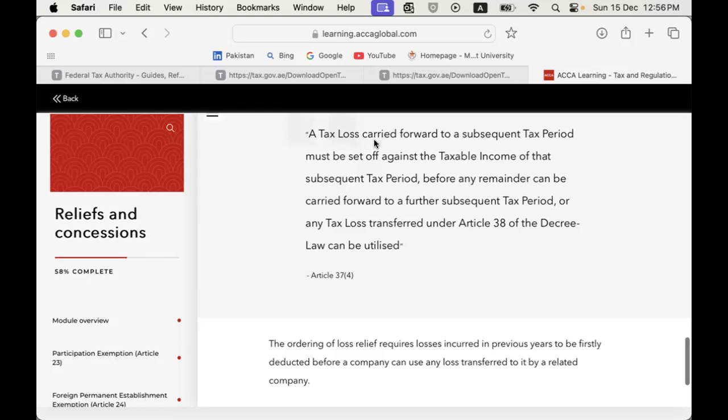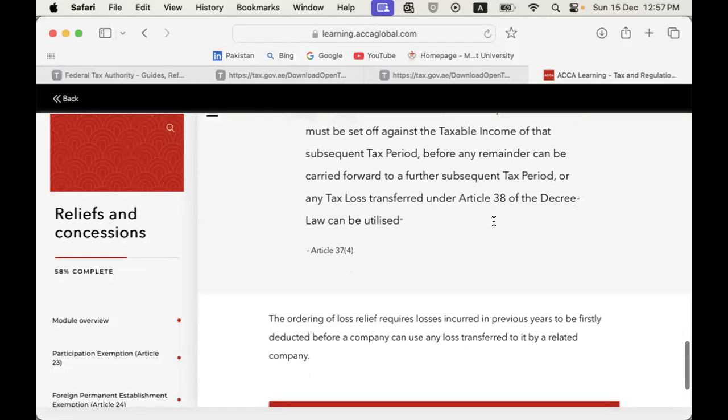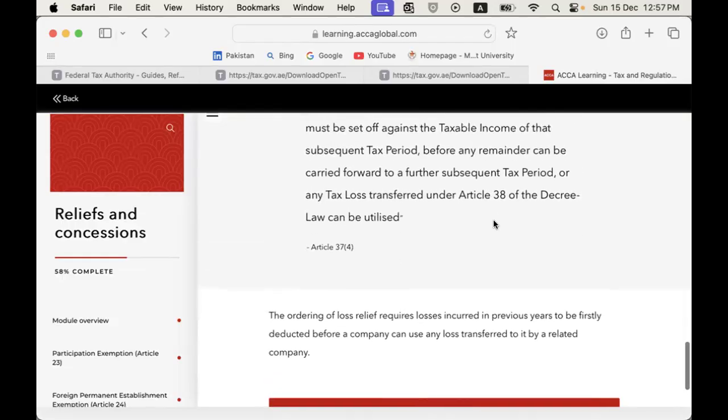A tax loss carried forward to a subsequent tax period must be set off against the taxable income of that subsequent tax period before any remainder can be carried forward to a further subsequent tax period, or any tax loss transferred under Article 38 of the decree law can be utilized. What is Article 38? Transfer of tax loss. Basically, in short, it has to be set off against taxable profit in a year before it can be carried forward.